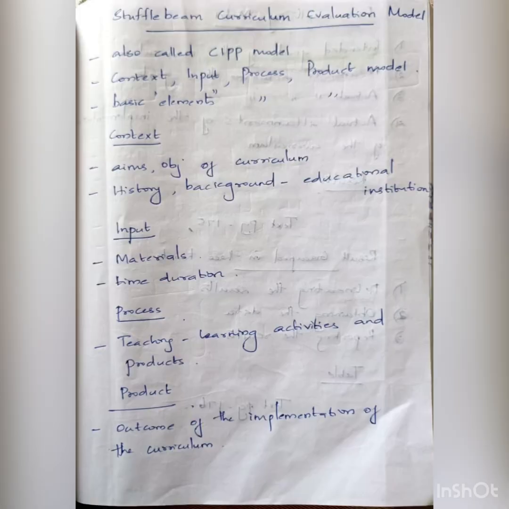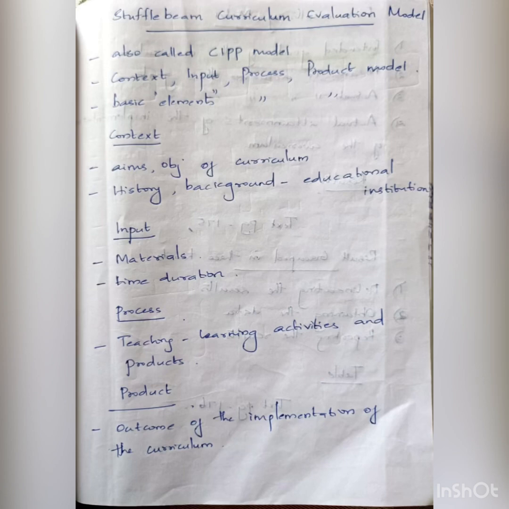The other model is Stufflebeam's curriculum evaluation model. It is also called the CIPP model, that is context, input, process, product model. Its basic elements are input, process, product. Context covers the aims and objectives of the curriculum, then history and background, that is the educational institution's history and background.